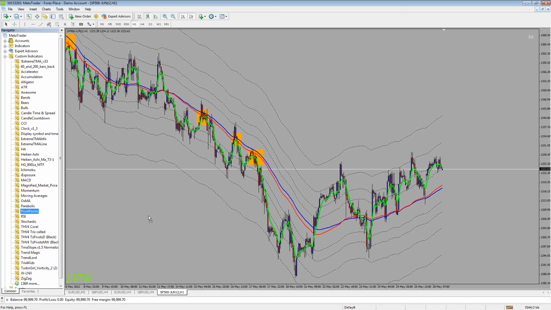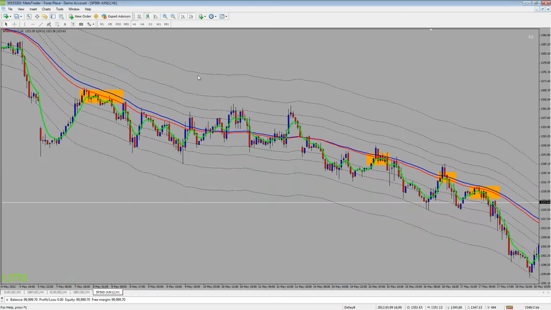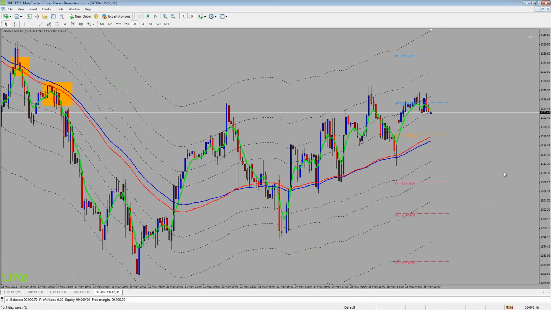Where are they? Here, the pivot points. Setting the pivot points will also give you a good indication of a possible area for resistance or support. Not always, but it's another indication you may find useful.